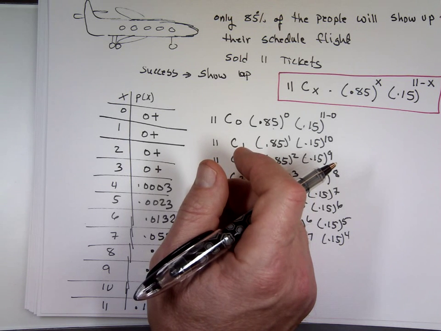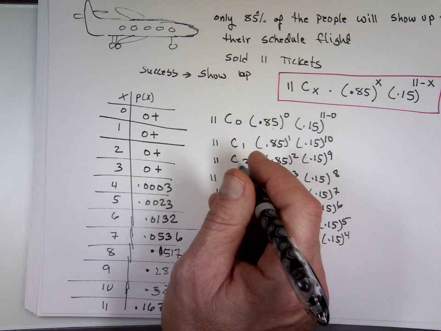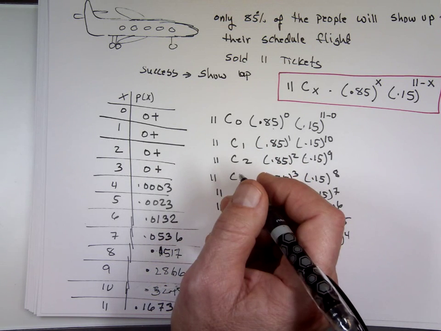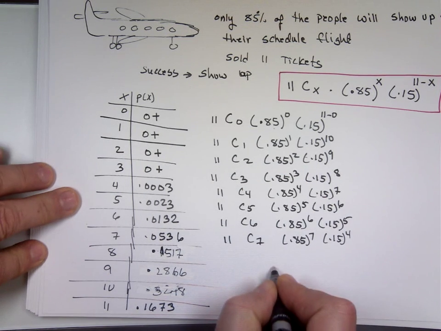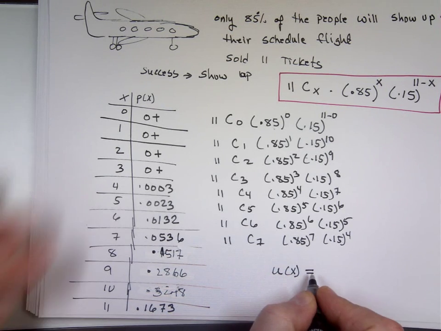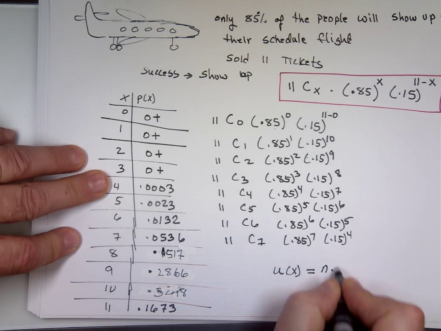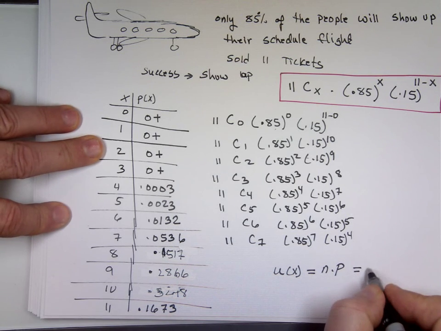So to find the mean for that, mu is n times p. That's it. We expect for that flight, n is 11 and p is 0.85.